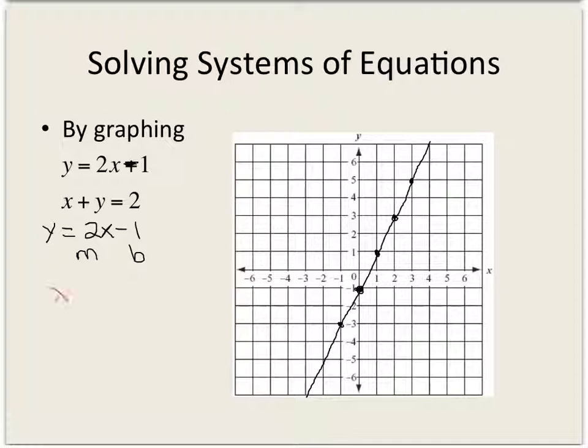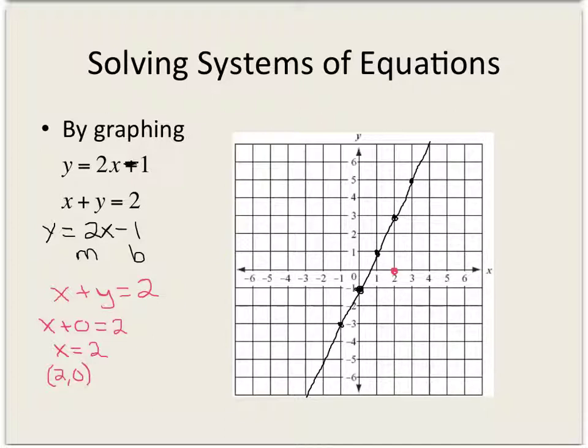This one is x plus y equals 2. I'm going to graph this one using the x and y intercepts. To find the x-intercept, I'm going to make my y equal to 0, because all x-intercepts have a y equal to 0. So when y is equal to 0, x is equal to 2. So I'm going to graph the point 2, 0.